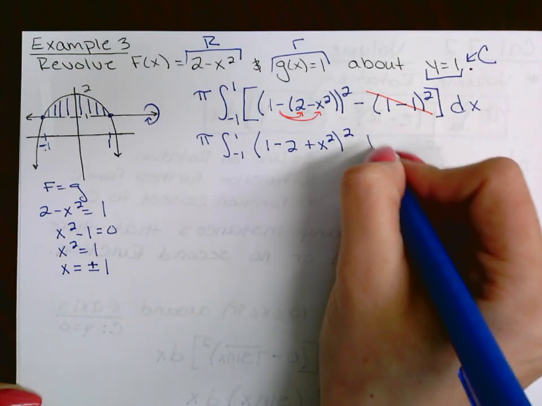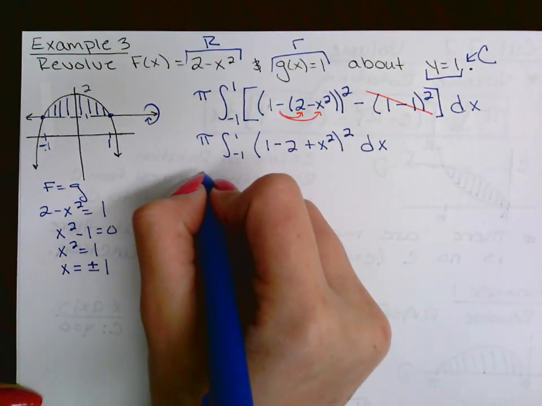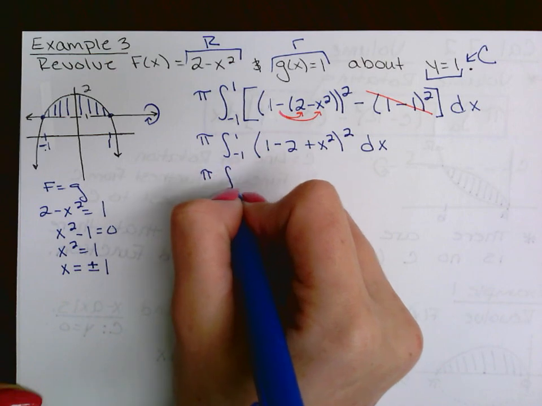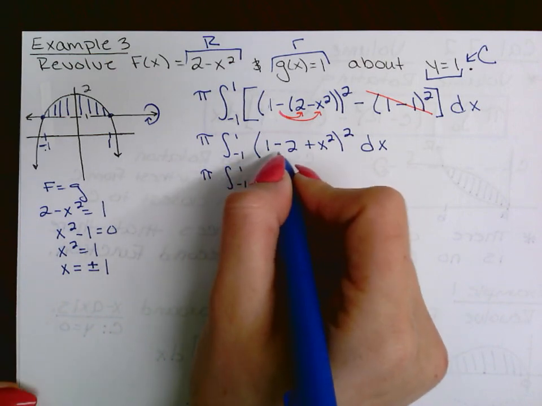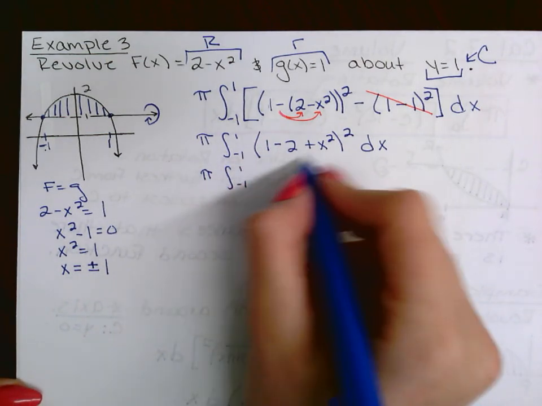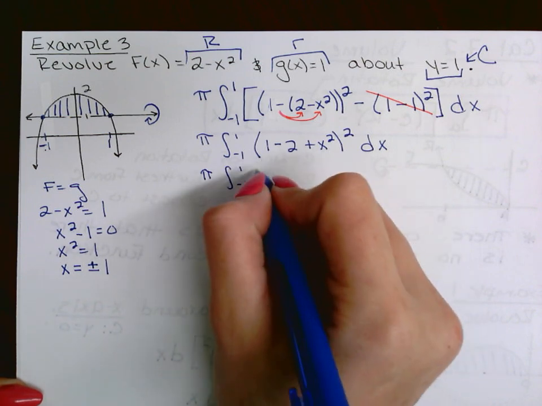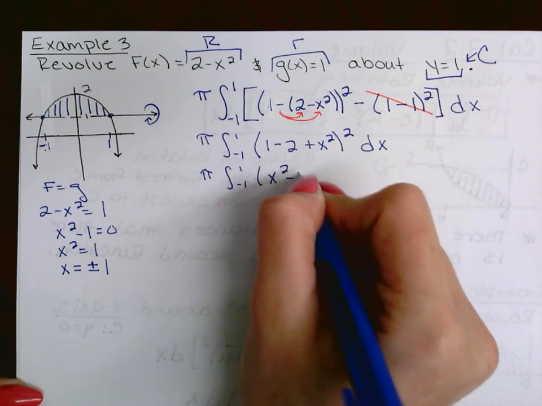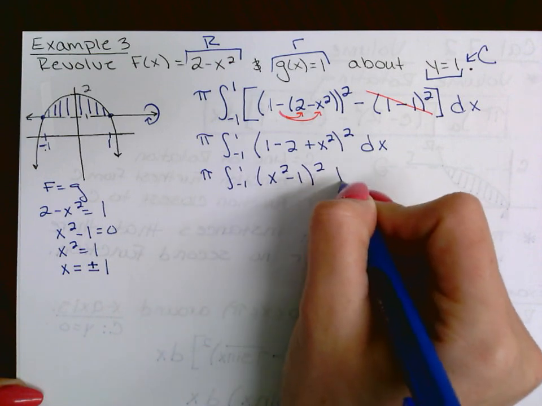This cancels out, and I have a dx. Okay? I'm going to continue cleaning. 1 minus 2 gives me a -1. So I'm going to say x squared minus 1, squared.